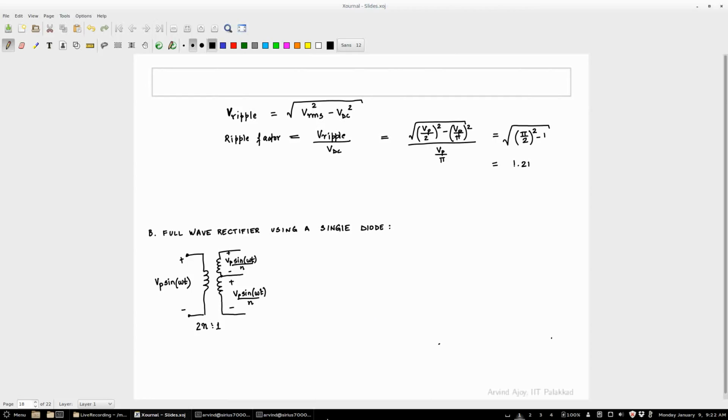Now because the flux links both the primary and the secondary, if I have a ratio of 2n:1, then you will have half the winding here, half the winding there. Correct? So you will get this. If it is n:1, then it will be n/2. Yeah, I think that is the correct one.